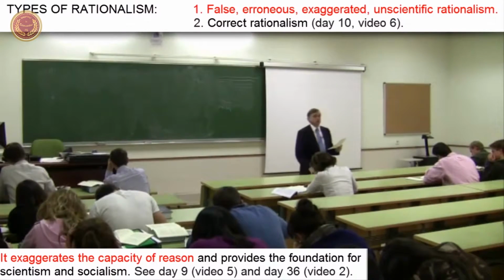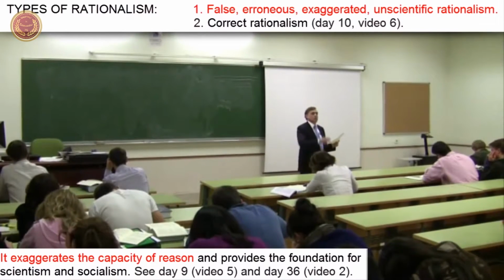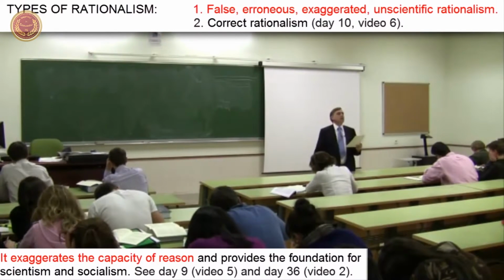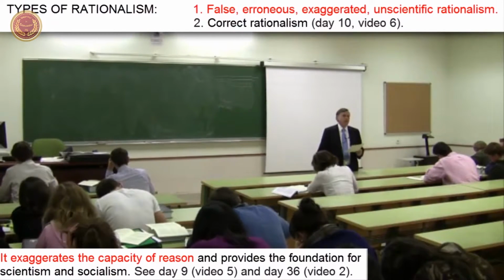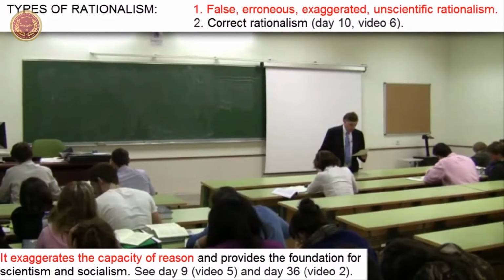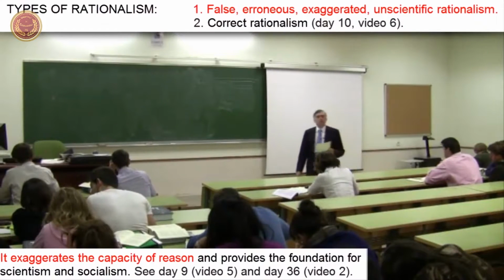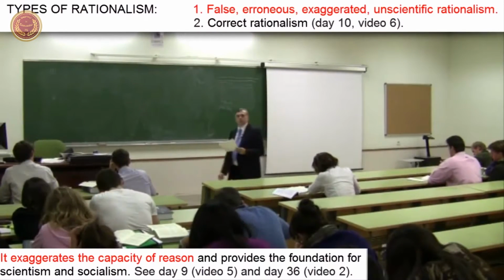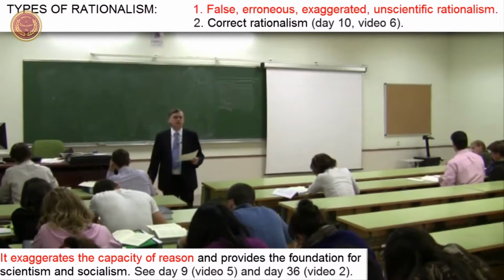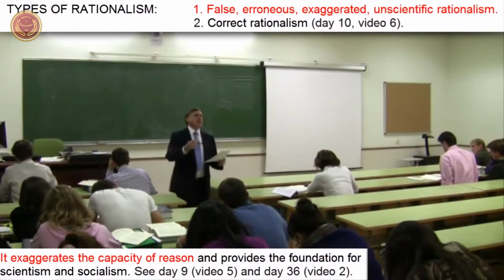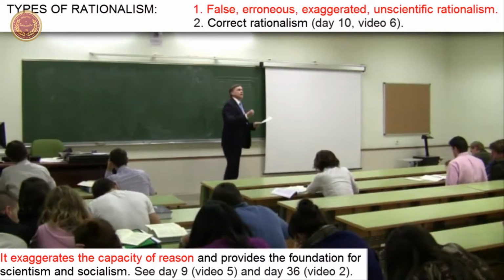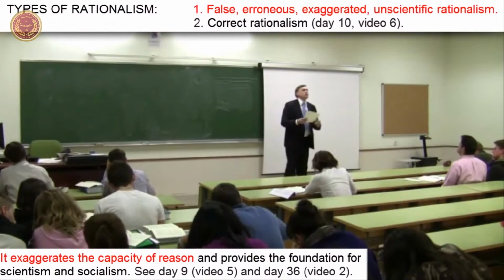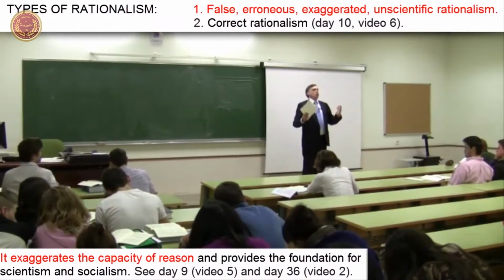In the field of the social sciences, this rationalism has fueled social engineering, econometrics. In the field of politics, it is the basis for socialism, for communism, for all interventionism. Through the coercive power of the state, adherents of such rationalism aim to create a utopia, a heaven or nirvana on earth.